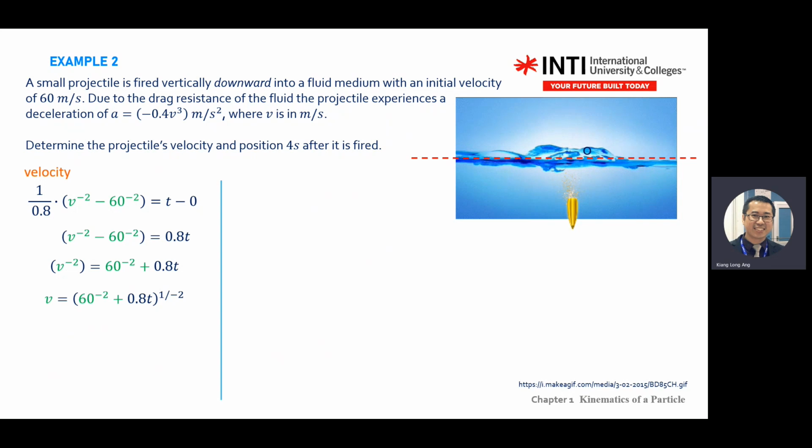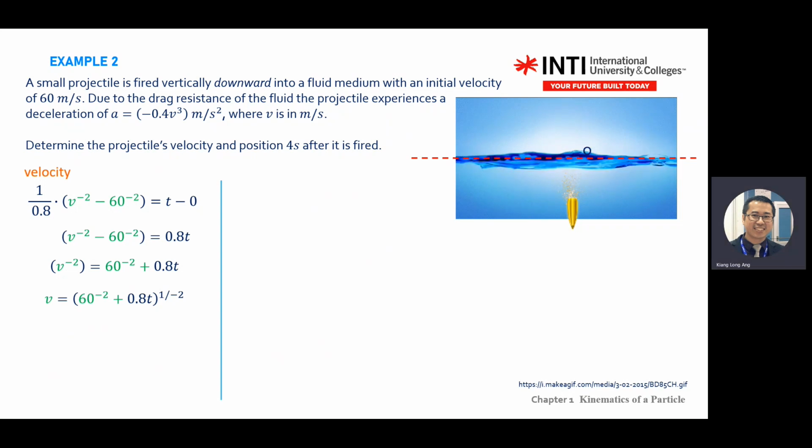So what is the answer? 0.559. What is the unit? Per second. All right. You get the same answer?